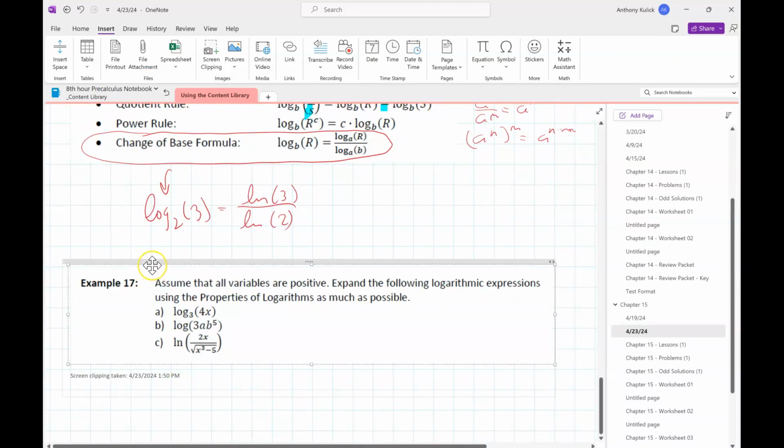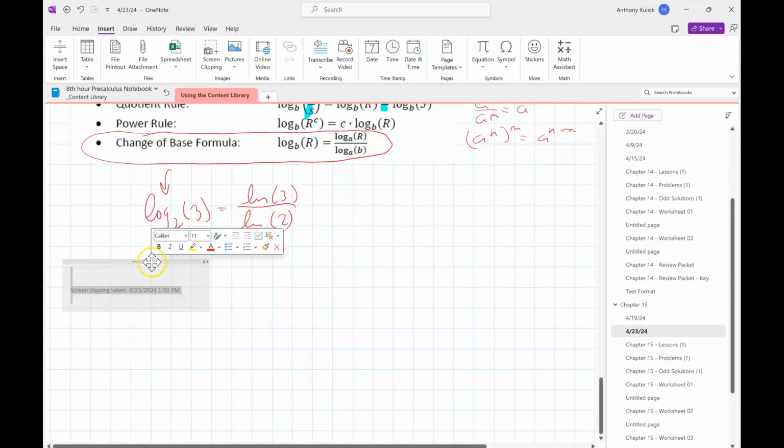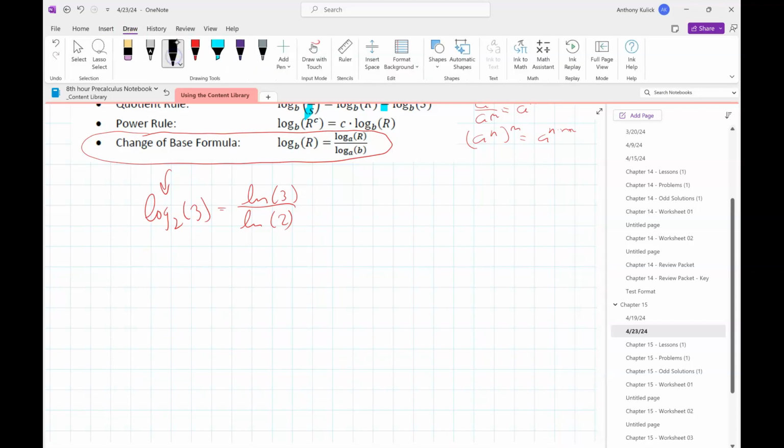All right. Actually, I don't want to do that yet. So, one of the main problem types that we'll be doing now that we have these properties of logarithms is expanding problems.